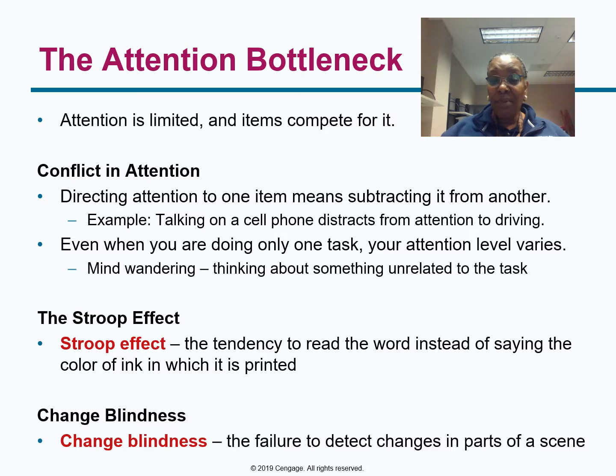A lot of times people feel that multitasking is the best thing to do, but in reality, if you're doing 5 different things, it'll probably take you longer to complete than if you were doing 5 similar tasks. Even when you're doing only one task, your attention level will vary. While your mind wanders, you're thinking about something unrelated to the task, and your ability to process the relevant information starts to decrease.